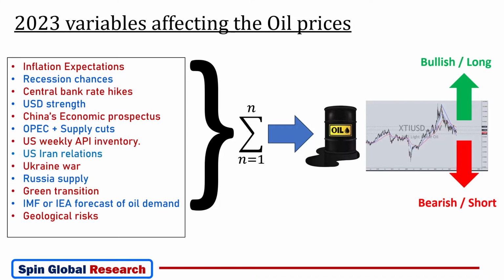For example, in the US, if people are confident that inflation will come down below 2% in the next couple of years, then that gives optimism, and that directly links to oil consumption, in terms of their travel plans and other economic activities. So any inflation-related reading affects the oil price.